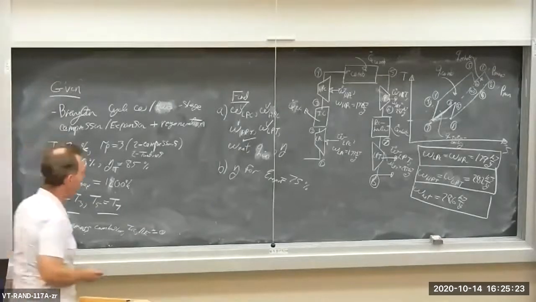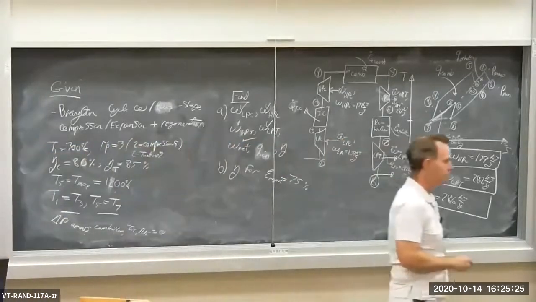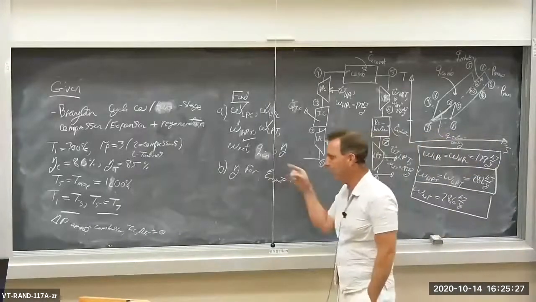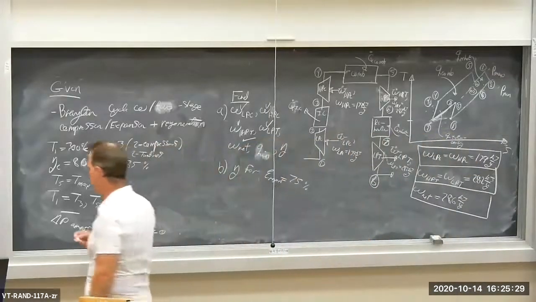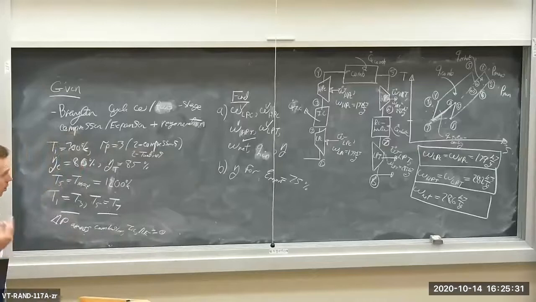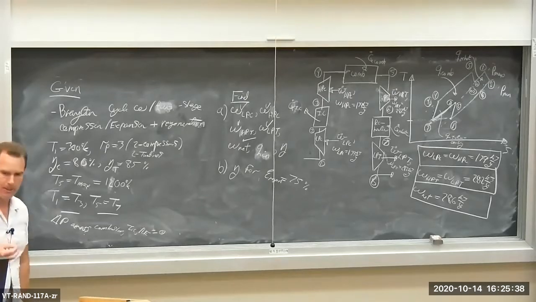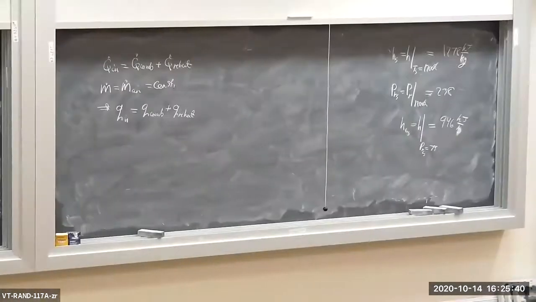Okay, so let's calculate the total heat addition per unit mass, Q in. Not Q dot, Q in for this Brayton cycle device. And of course, after that, we can immediately calculate the efficiency because we know the net specific work. So what's Q in?